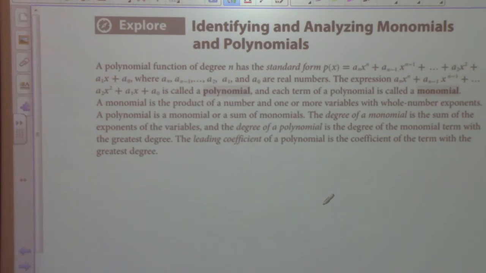A polynomial function of degree n has the standard form, and this is sort of a complicated way of describing what ends up not being very complicated, and you've seen that before. Each term of a polynomial is called a monomial. How do you decide how many terms you have in a polynomial?